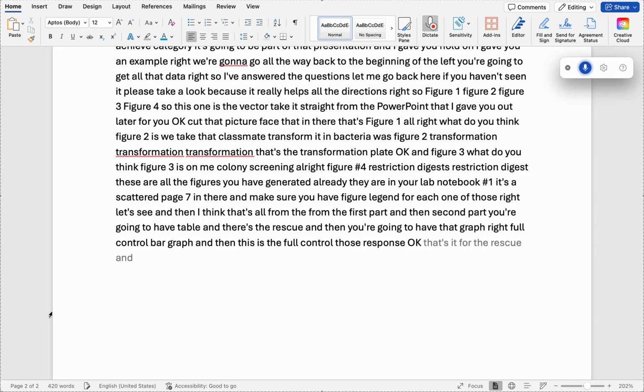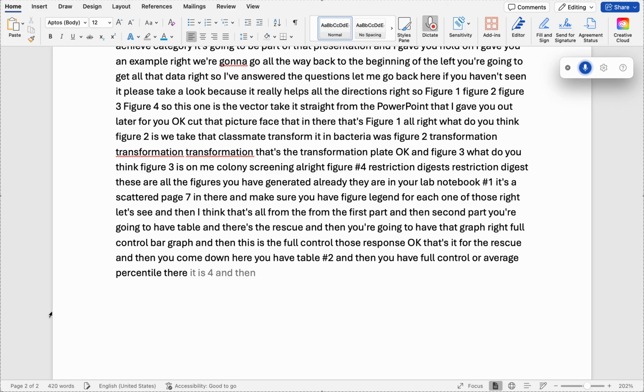Then you come down here, you have table number 2. And then you have full control for average percent cell death. That is a bar graph.